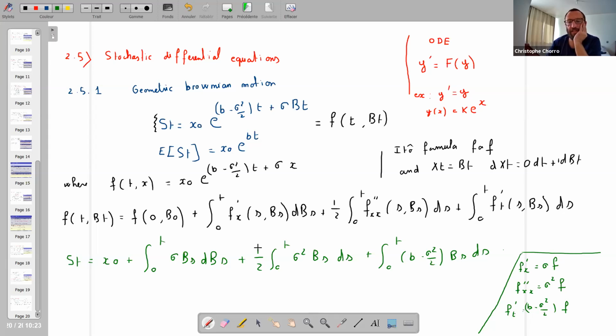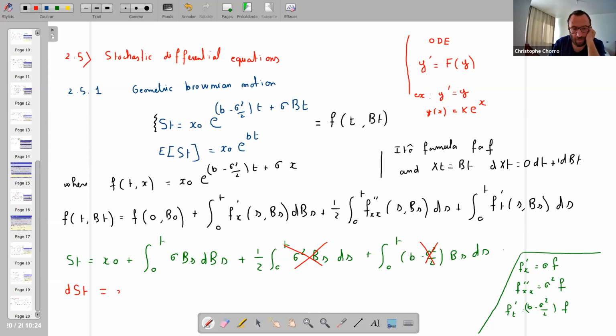And maybe I will see that I have some simplifications. Yes, I have the simplification between this term here and this one here.